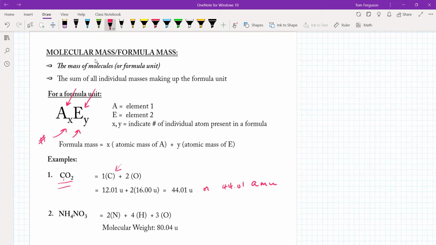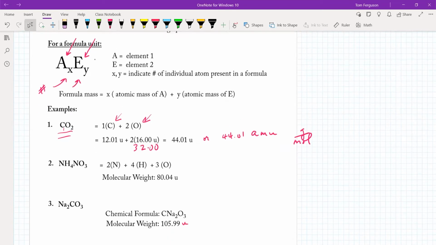You remember the ones are optional, and 2 oxygens. So if you look at the atomic mass of carbon, it's 12.01. Each oxygen is 16.00. So that means this is 32. So 32 plus 12.01 is 44.01. And that would be U's, AMU's, or I'm going to keep throwing in this grams per mole because we're going to be getting to that.